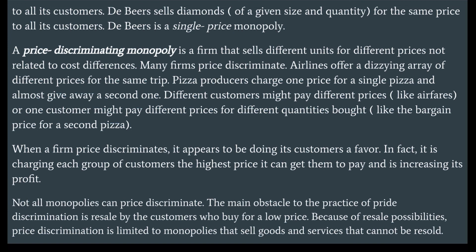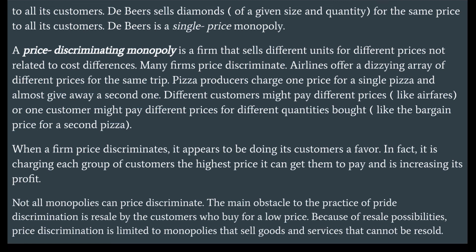A price discriminating monopoly is a firm that sells different units for different prices not related to cost differences. Many firms price discriminate. Airlines offer a dizzying array of different prices for the same trip. Pizza producers charge one price for a single pizza and almost give away a second one. Different customers might pay different prices, like airfares, or one customer might pay different prices for different quantities bought, like the bargain price for a second pizza.